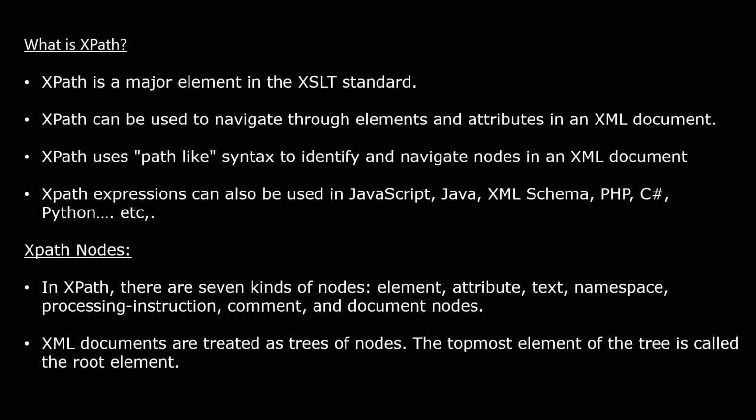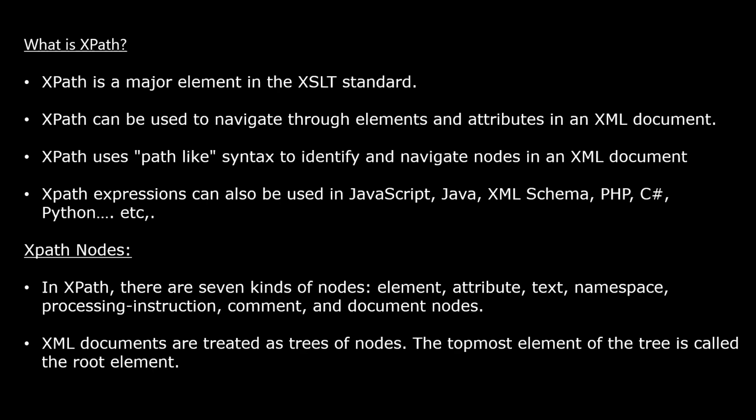Inside that XML document we can have different kinds of elements along with attributes and values. XPath uses path-like syntax to identify and navigate nodes in an XML document. For example, if I want to get a value from a particular XML document, I have to use some XPath syntax, and with its help I retrieve the value present inside the XML document.